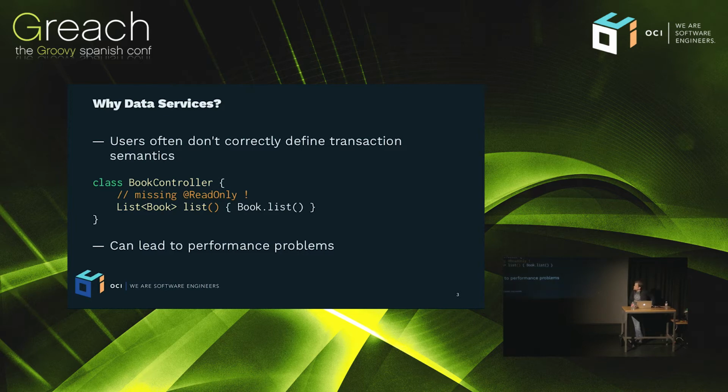And what are the implications of that? Well, Hibernate does automatic dirty checking of your objects, and in GORM we optimize that to the maximum, far more than in Java.